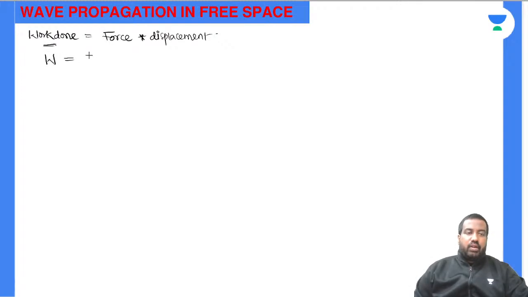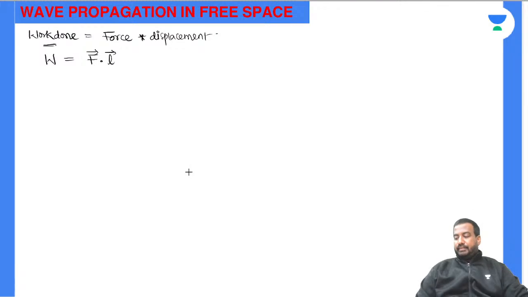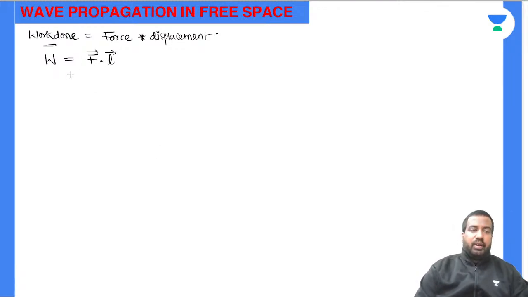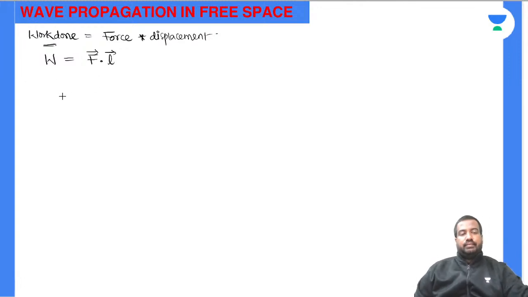Work done is a scalar quantity. Force and displacements are vectors. Therefore, the dot product will be ideally suitable here. Dot product of any two vectors is a scalar quantity.